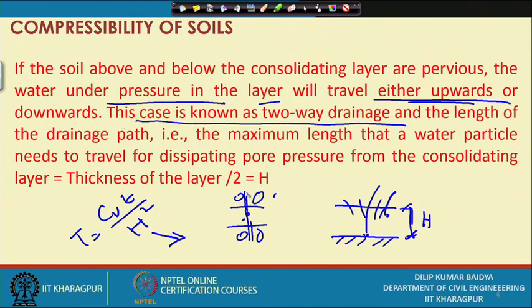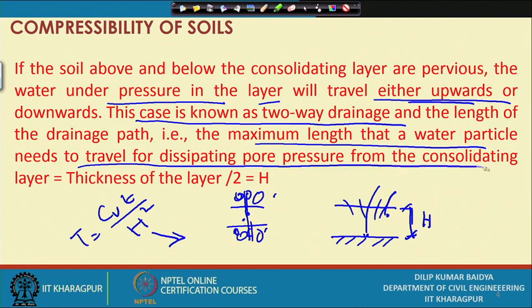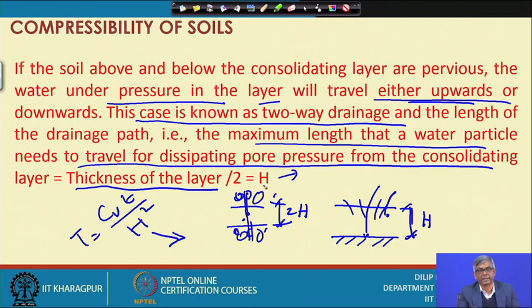So, when there is a pervious layer at both top and bottom, that is called two-way drainage, and the maximum length that a water particle needs to travel for dissipating pore water pressure from the consolidating layer is equal to the thickness of the layer divided by 2. And in our analysis we have considered the thickness of the layer as 2h. So, your drainage path will be h.